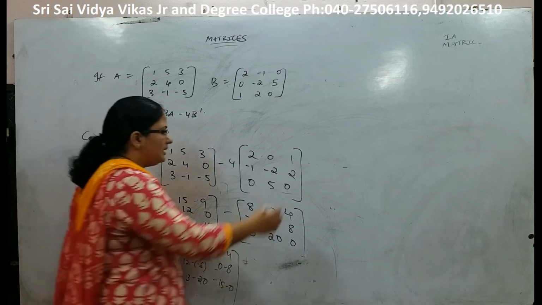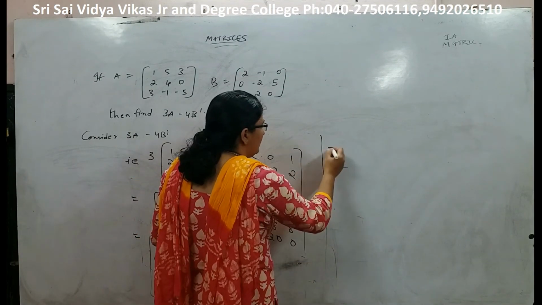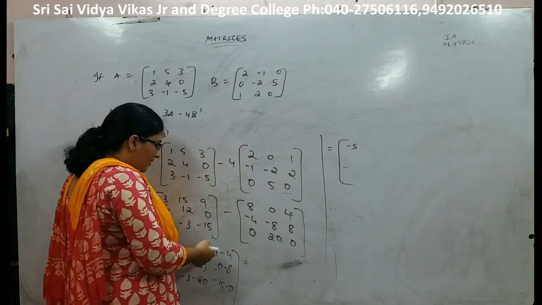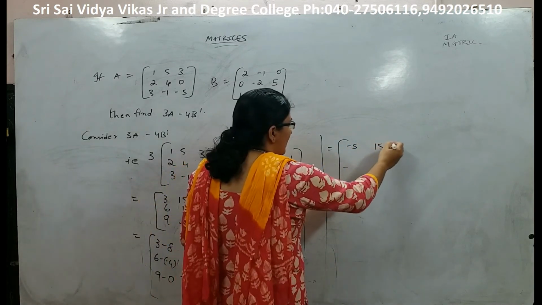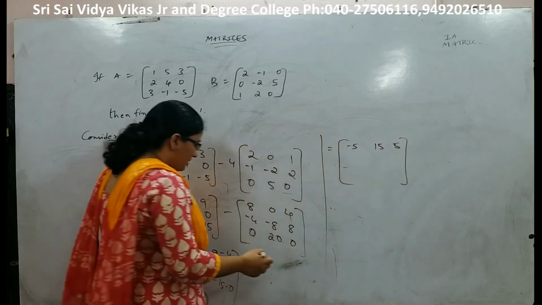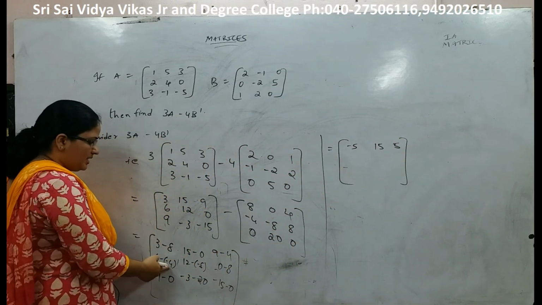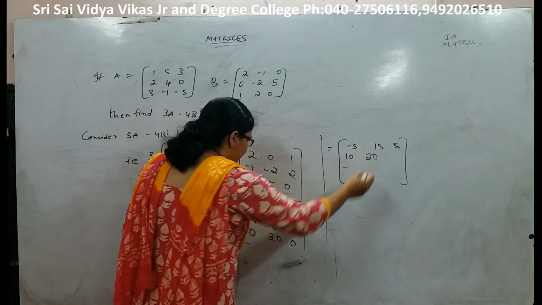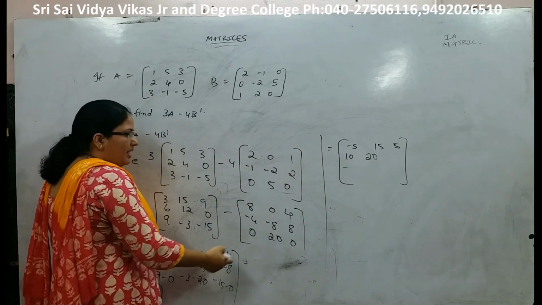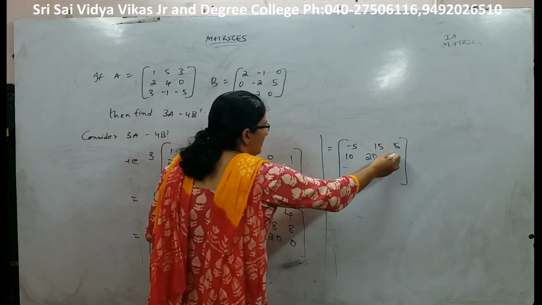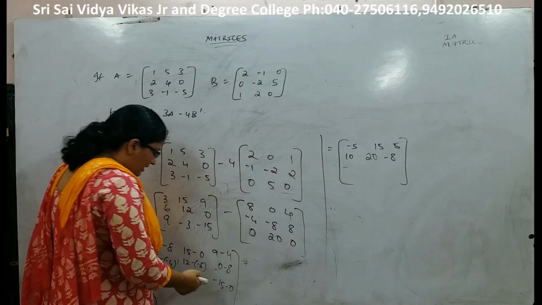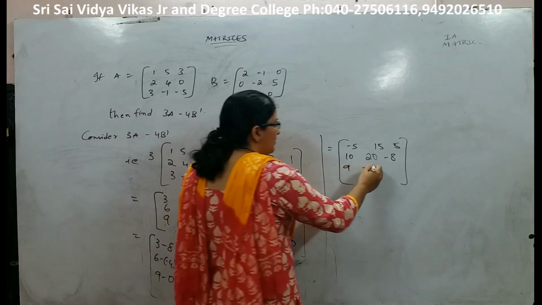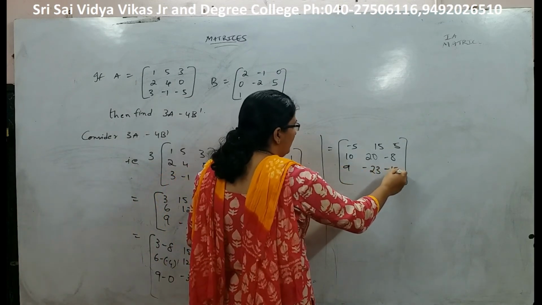So here 3 minus 8 is minus 5, 15 minus 0 is 15, 9 minus 4 is 5, 6 plus 4 is 10, 12 plus 8 is 20, 0 minus 8 is minus 8, and here you have 9, minus 23, minus 15.